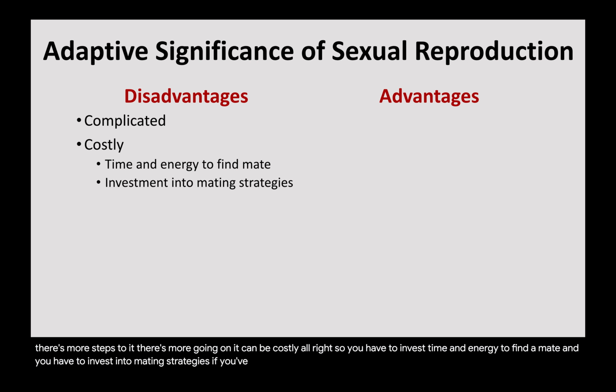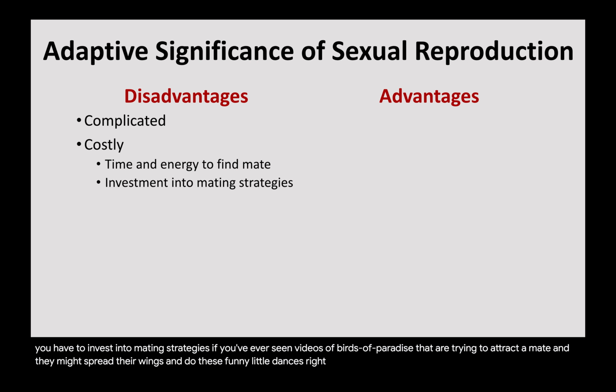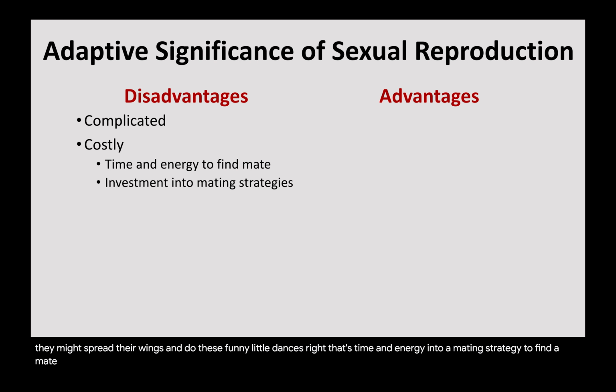If you've ever seen videos of birds of paradise that are trying to attract a mate, and they might spread their wings and do these funny little dances, that's time and energy into a mating strategy to find a mate. And there are many examples of this in the animal kingdom.